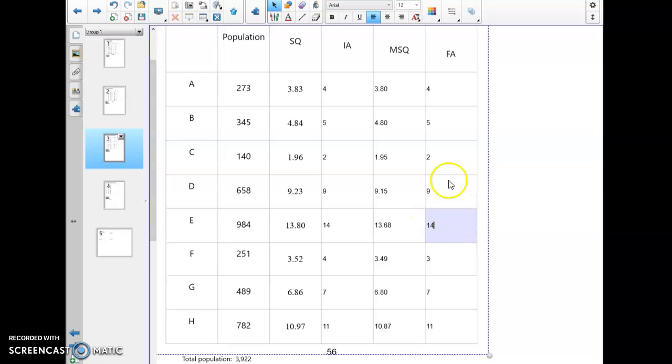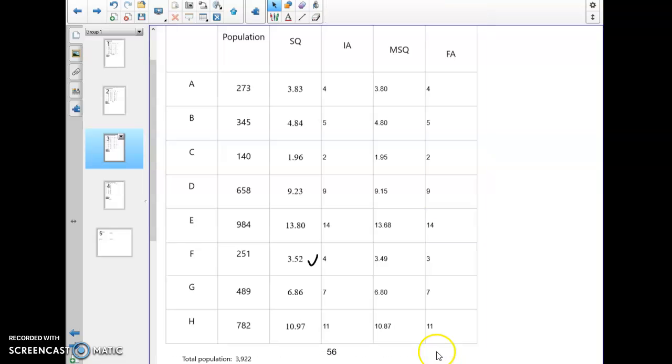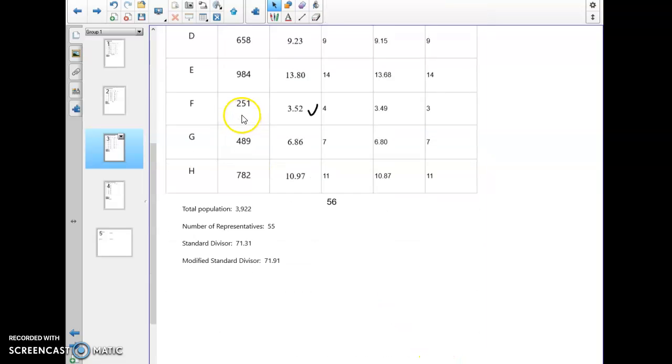Excuse me. Sorry about that. So we have our 4 and 5 is 9, 9 and 2 is 11, 11 and 9 is 20, 20 and 14, because this rounds up, is 34, 37, 44, and we get to our 55. So that means we must be correct.